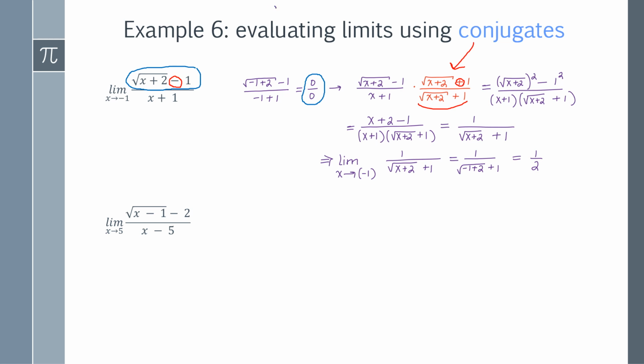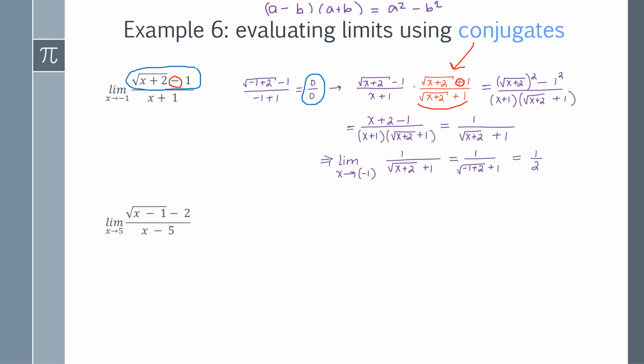If we multiply a minus b times a plus b and combine like terms, we get a squared minus b squared, the difference of perfect squares. This is very useful when we want to get rid of that radical, in this case the square root of x plus 2.